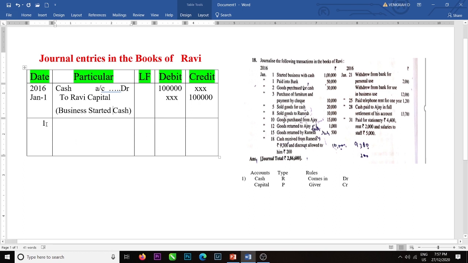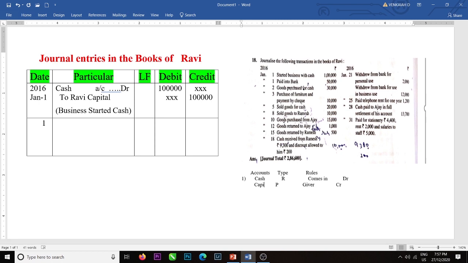Next date is January 1st only. Paid into bank. What we paid? Cash we paid. Where we paid? Bank. Deposited into bank. So cash is a real account and bank also a real account.